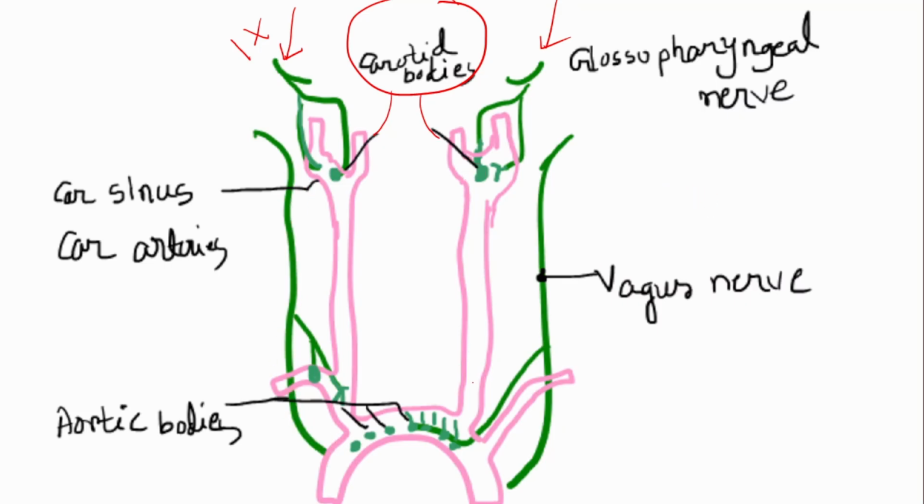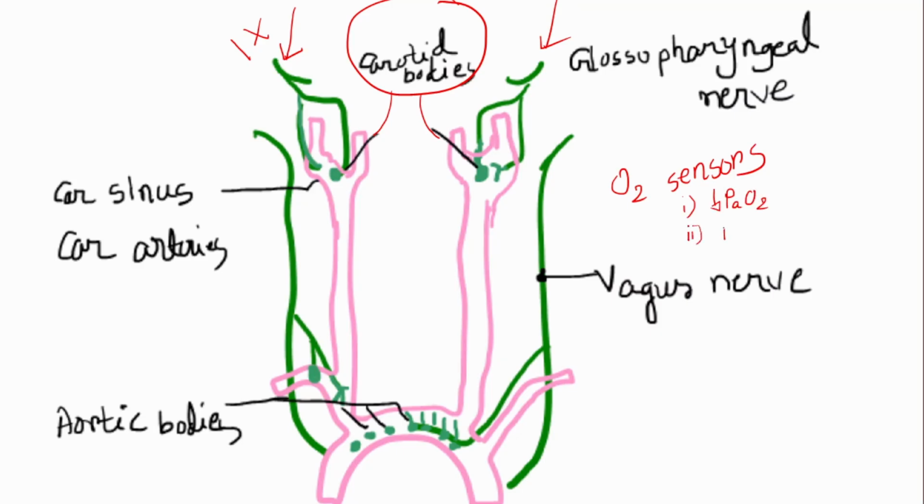Unlike the central chemoreceptors, which are completely blind to oxygen levels, the peripheral chemoreceptors are your body's primary oxygen sensors. They respond to three distinct arterial stressors. First, a drop in arterial oxygen tension, or drop in partial pressure of oxygen.